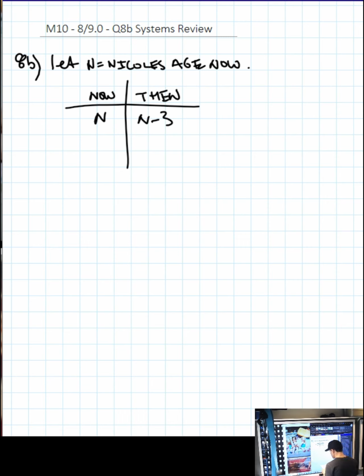So now it's telling us an equation. So if Nicole were triple her age she was 3 years ago, so triple her age then. If she's N now, then 3 years ago she will be N minus 3. And triple her age 3 years ago will just be 3 times that. She will be twice her current age now.